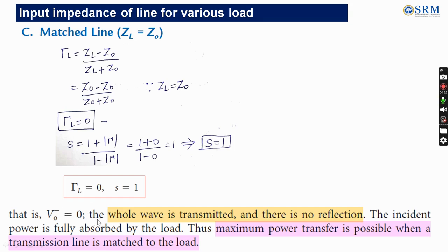The reflected voltage wave is 0, the whole incident wave is transmitted, and that power is fully absorbed by the load. Maximum power transfer occurs when the transmission line is matched to the load, that is, the characteristic impedance Z0 is equal to the load impedance.